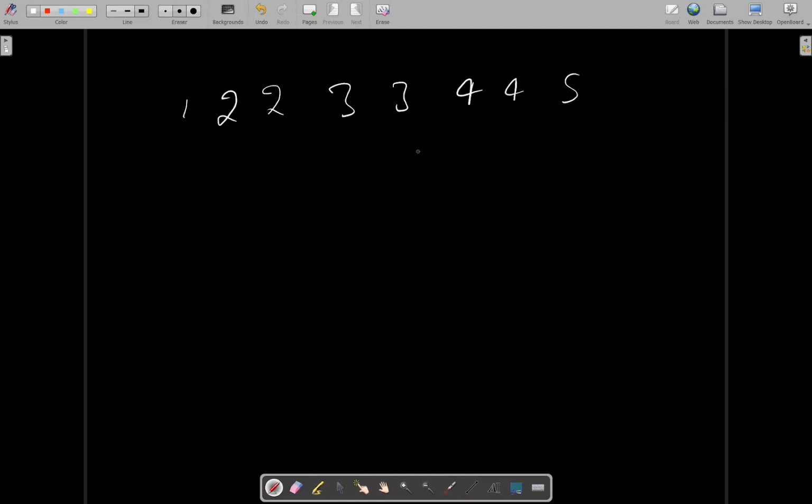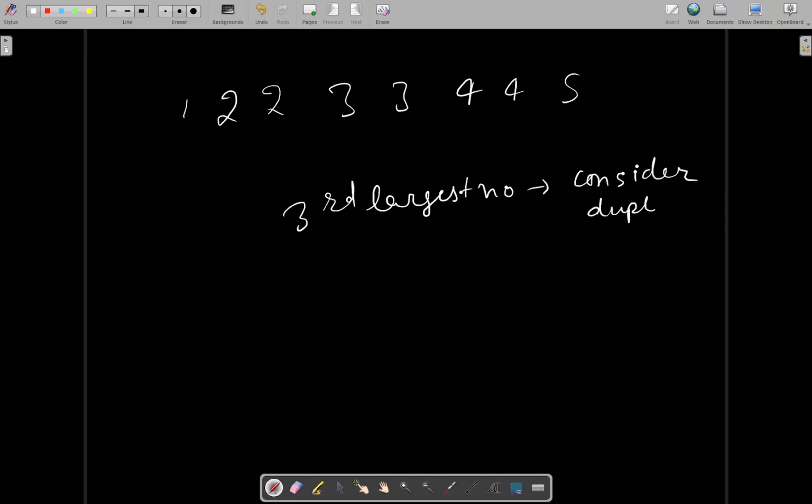Now if I ask you what is the third largest number, then you have to consider the duplicates. What will be the third largest number? It will be the first largest number, the second, and the third. So the third largest number will be 4.